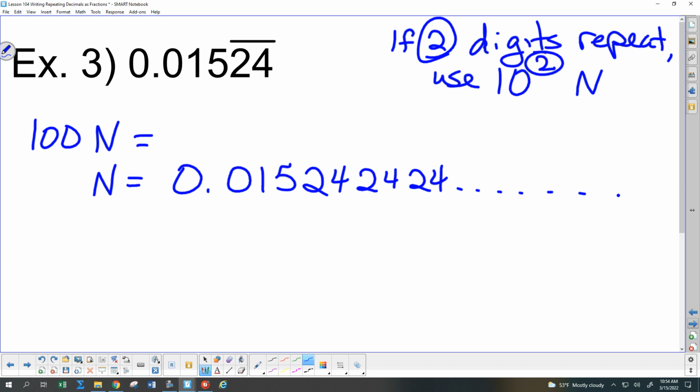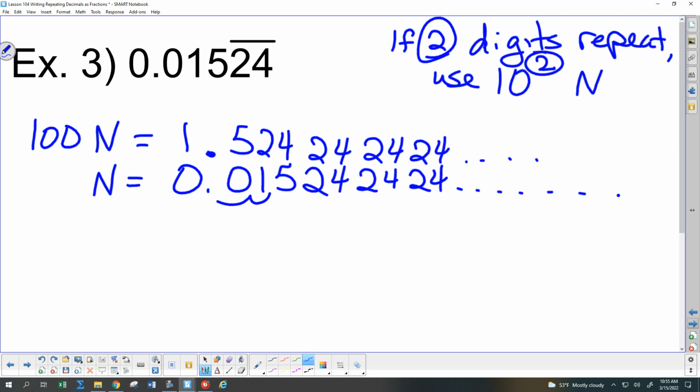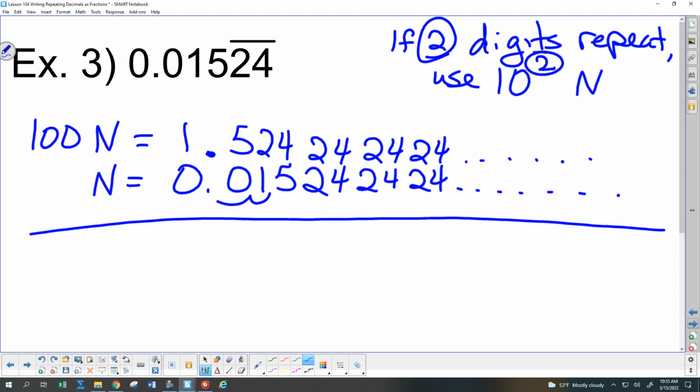So if this is n, if I multiply by 100, I'm going to have 1 point, right? I'm going to write that down carefully lined up with what I just wrote. The decimals have to line up. 1 point, 5, 2, 4, 2, 4, 2, 4, 2, 4, dot, dot, dot.